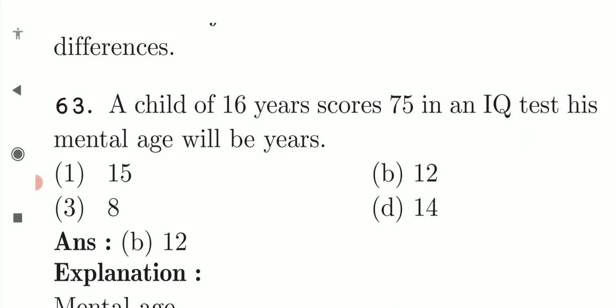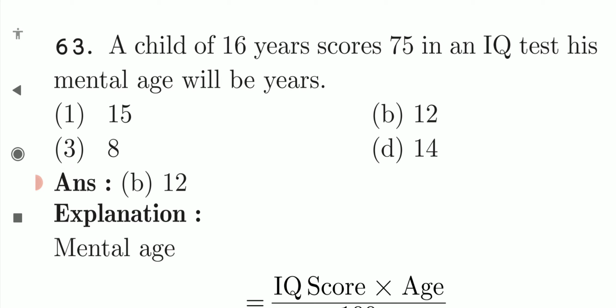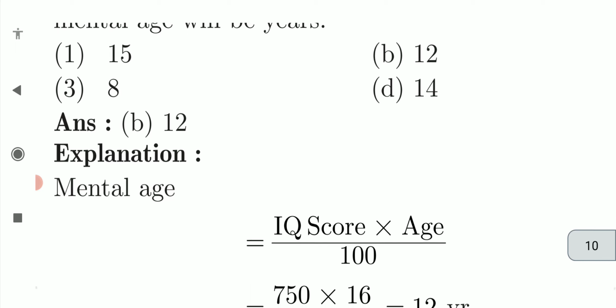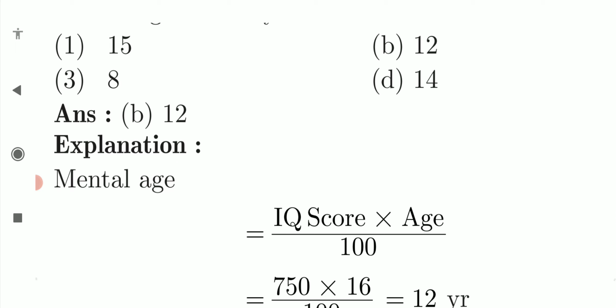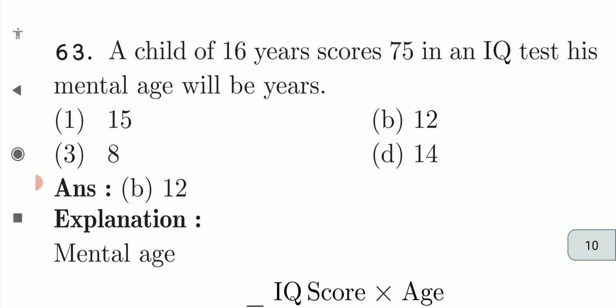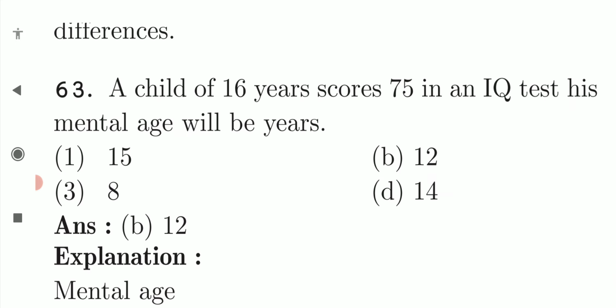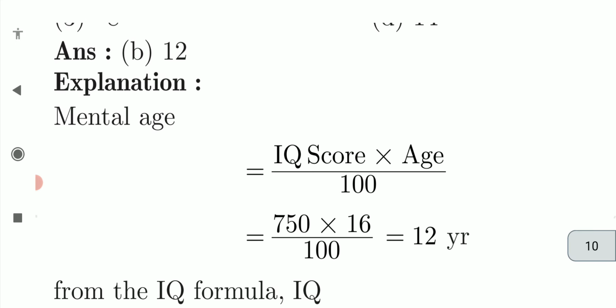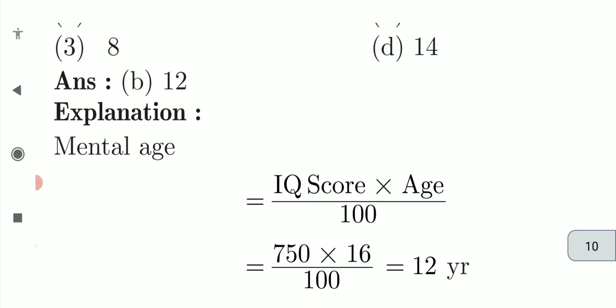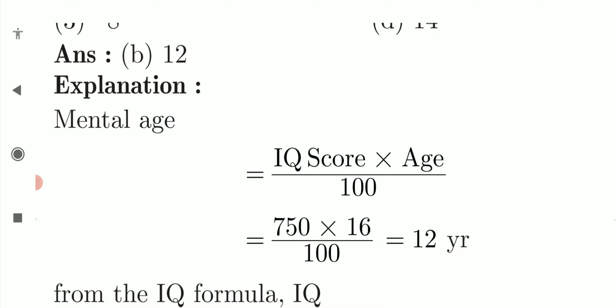A child of 16 years scores 75 in an IQ test. His mental age will be? A 16-year-old scoring 75 in an IQ test means mental age is equal to IQ score into age by 100. The IQ score is 75, right? So 75 into 16 by 100.